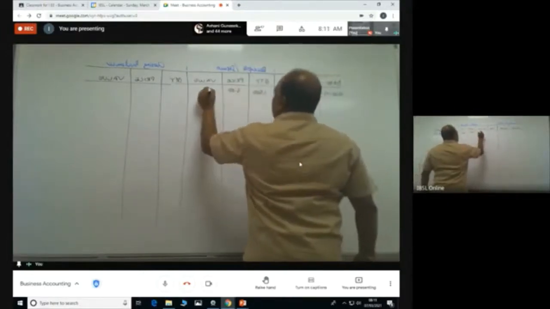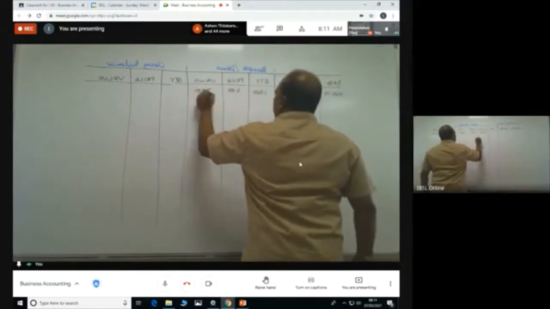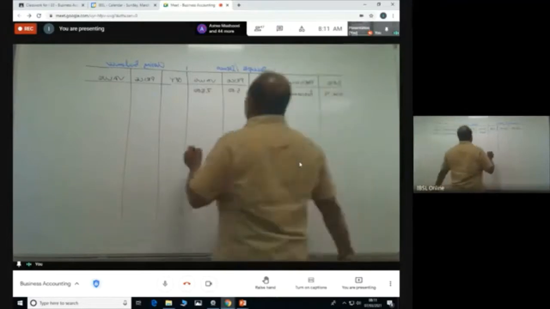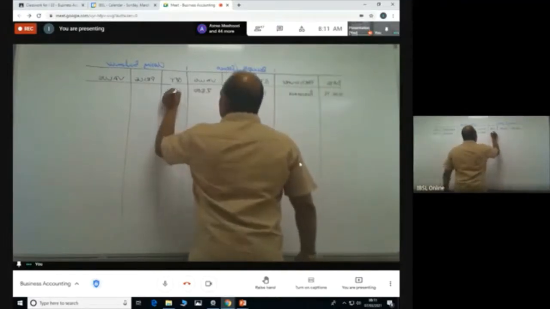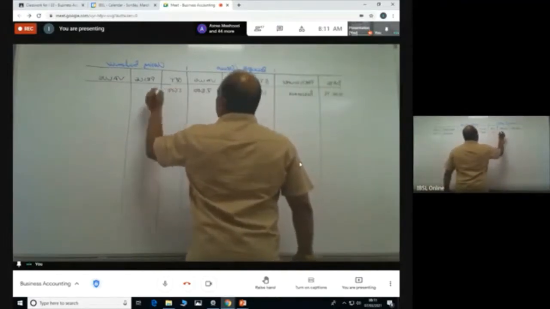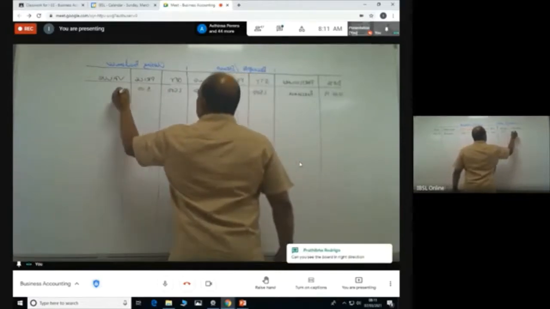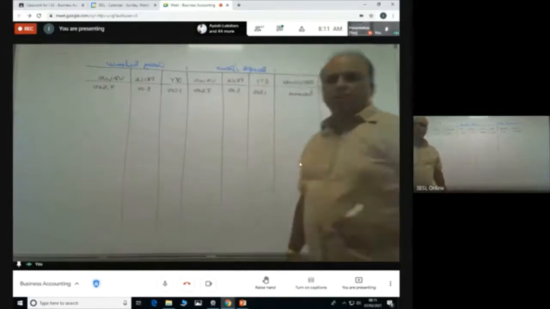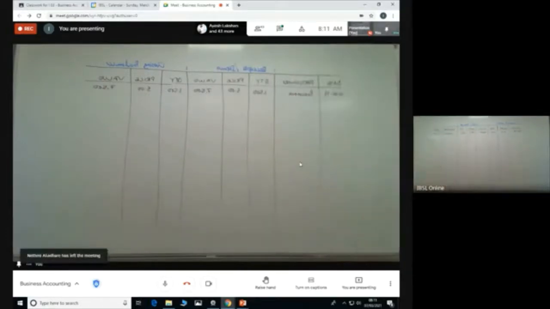So the value will be 7,500. The same thing is going to come into the closing balance also: 1,500, 5 rupees, 7,500. Okay, right.